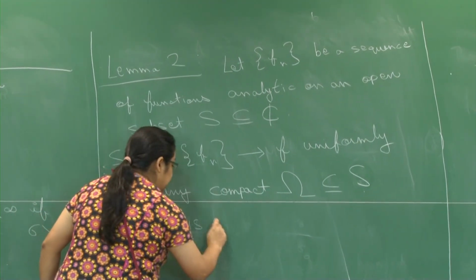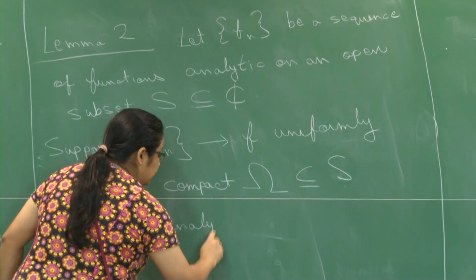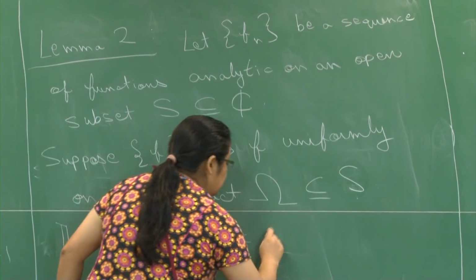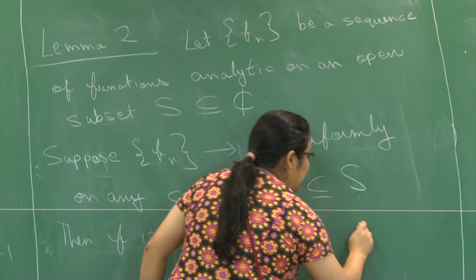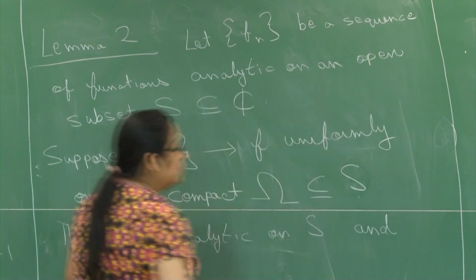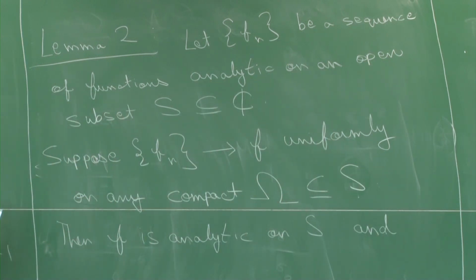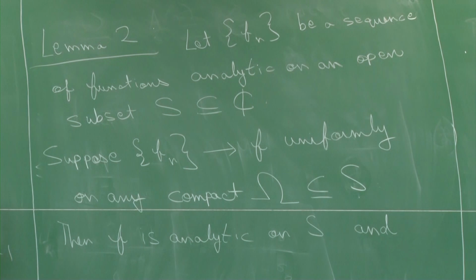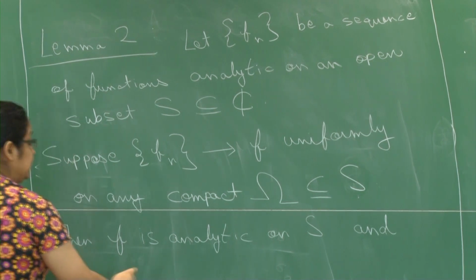Then f is analytic on S, and the sequence of derivatives converges to the derivative of the limit. So you can basically interchange the derivative and the limits.